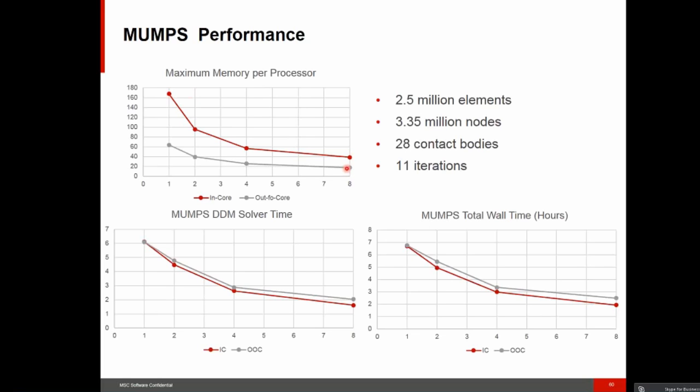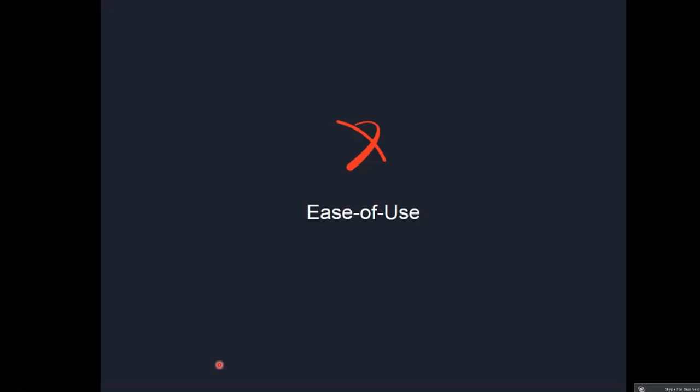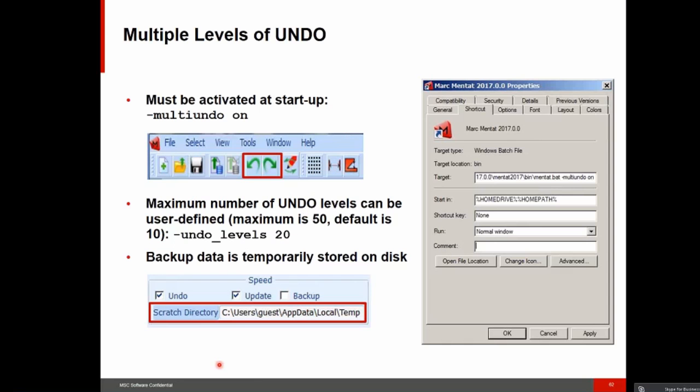And if we use out-of-core, we reduce the memory requirement again, so we would only need 20 gigabytes per processor. We can also see the difference between in-core and out-of-core is very small, and the total wall time does a pretty nice job. It's about 3.5 times faster on this 8-processor model, and if we had a bigger problem, the parallelization would be even better than that.